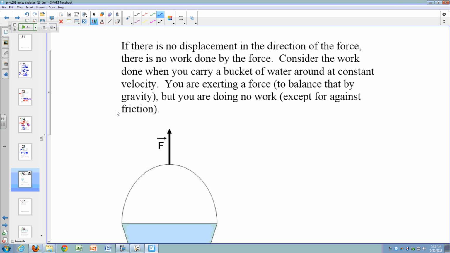If I move around at a constant velocity, that means there's no acceleration in either direction, so there's going to be no work done. Because if I have no acceleration, I'm exerting no net force. I understand what you're saying, Chris, and technically you're correct. When I pick it up, I do work as I move it in the y direction. All right, let's do some examples.